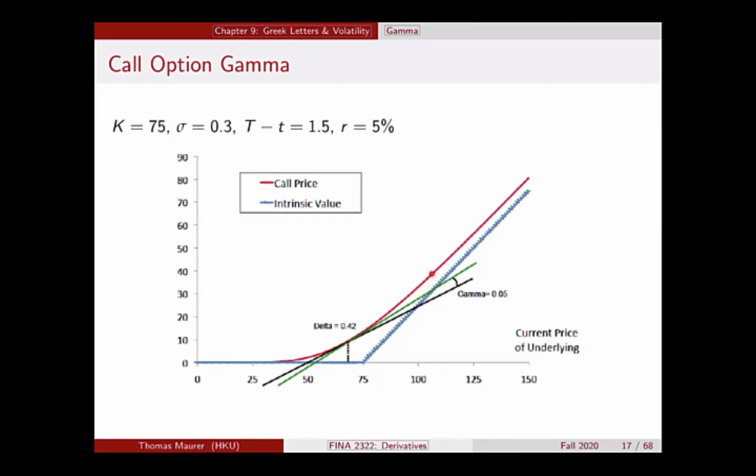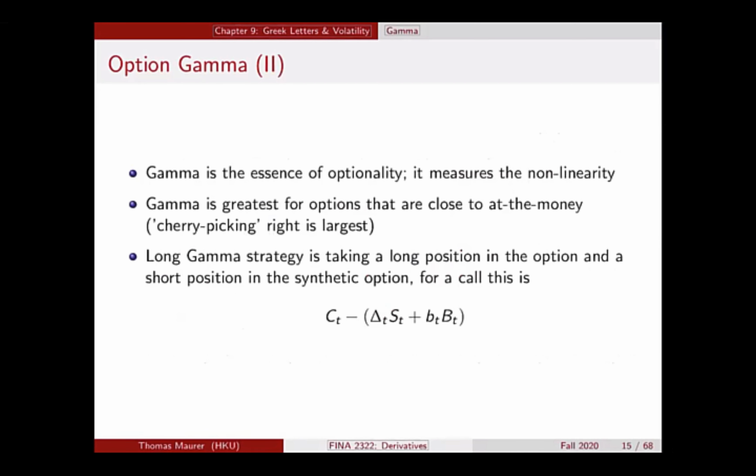So that difference is a gain which I make because my call price increased more than the replicating portfolio which I short sell. So if the price of the underlying increases a lot, I actually make a gain by having that call and short selling that replicating portfolio.